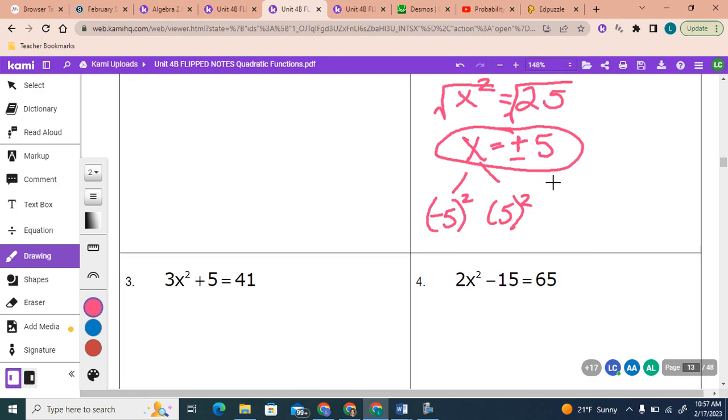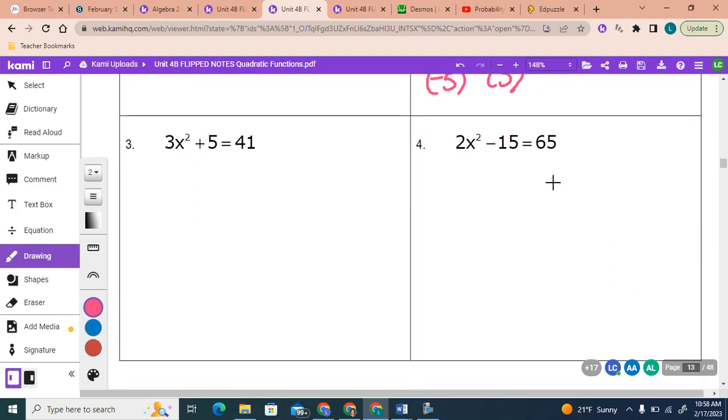All right, let's come down to number 4. This one has an extra step. How do we start number 4? Add the 15. Why? Because we start by undoing subtraction and addition. We have subtraction. To undo subtraction, we add. So we add 15 to both sides.